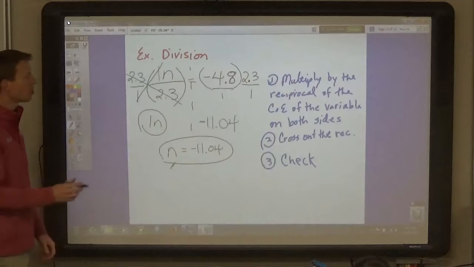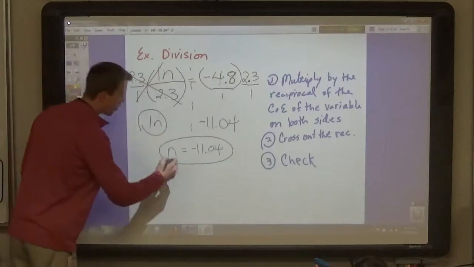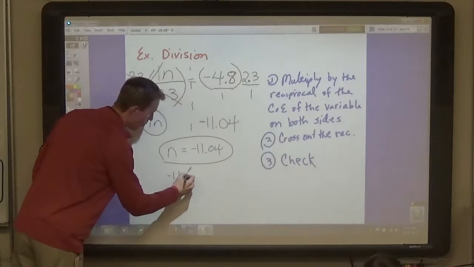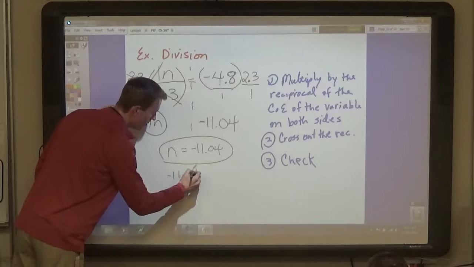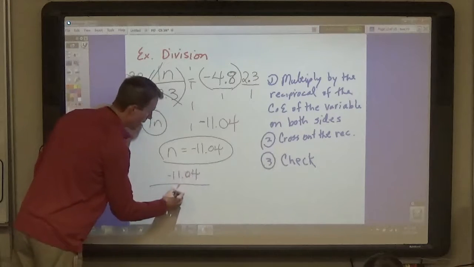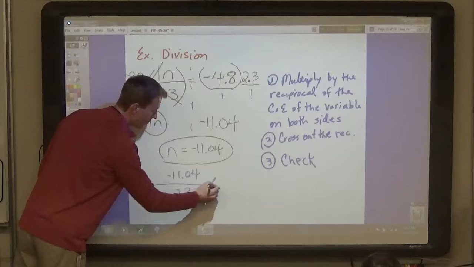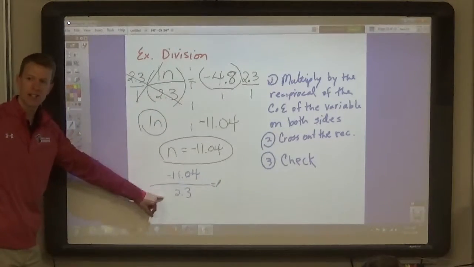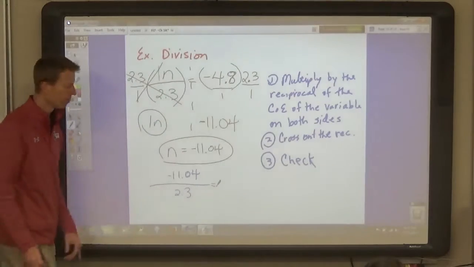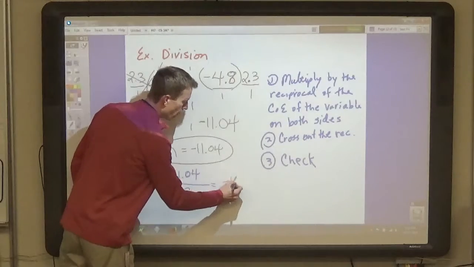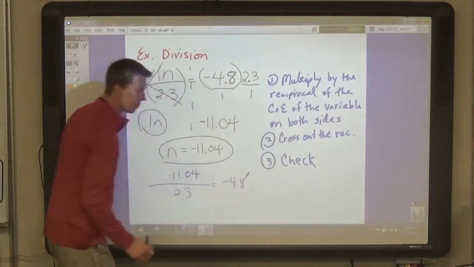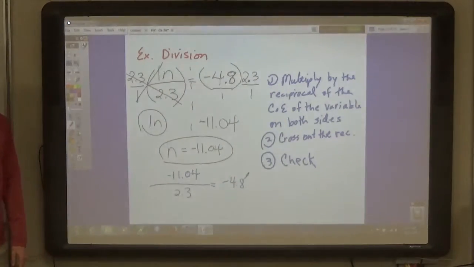And then check your solution with your calculator. But first, write it this way: negative 11.04 divided by 2.3. Then do the division on your calculator and make sure that you get negative 4.8. You get it? I get it.